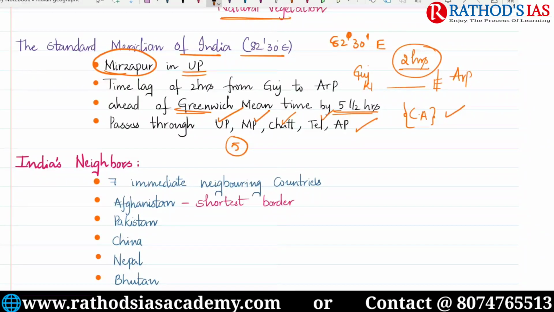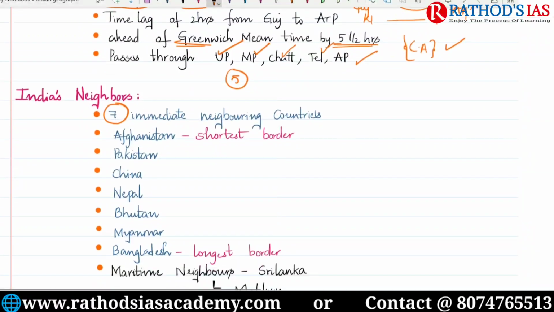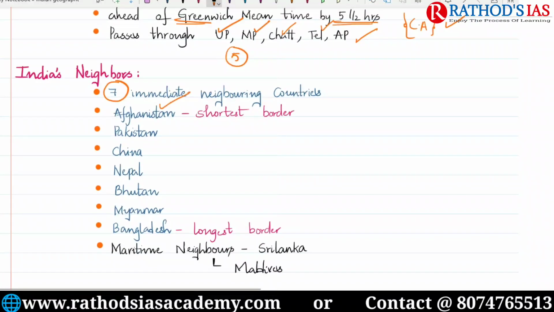And if you are talking about India and its neighbors, India is sharing boundary with 7 immediate neighboring countries. So this is also very important. And the first country here is Afghanistan. So I want to share one important fact regarding Afghanistan.